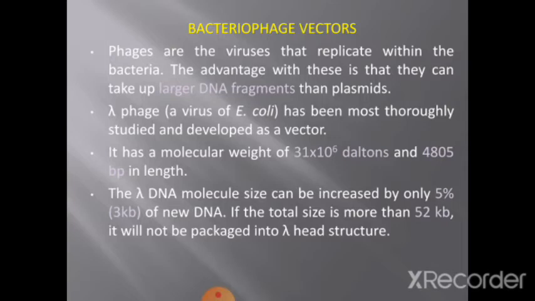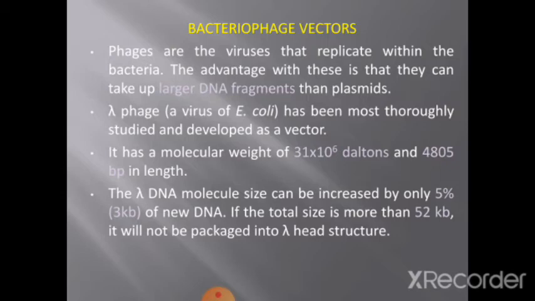The advantage of these phage vectors compared to plasmid vectors is that they can take up larger DNA fragments. So if the size of your DNA insert is bigger, then you can always go for phage vectors rather than plasmid vectors.